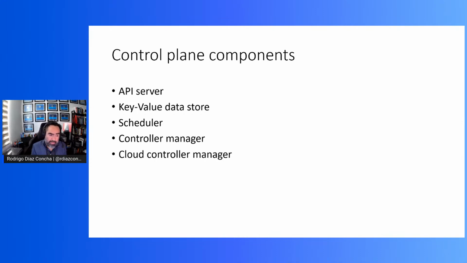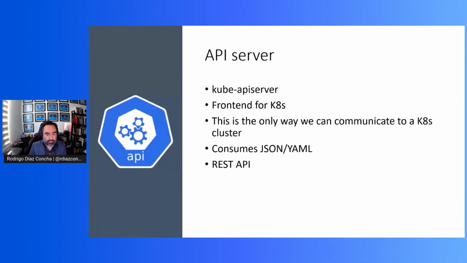I'm going to describe that. And I mentioned the scheduler. I think that's the most important one. And we have a data store for key value pairs. And we have a couple of managers, the controller manager and the cloud controller manager when you're running Kubernetes in the cloud. So first, let's start with the API server, okay?